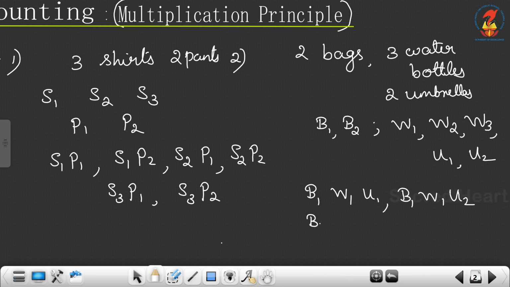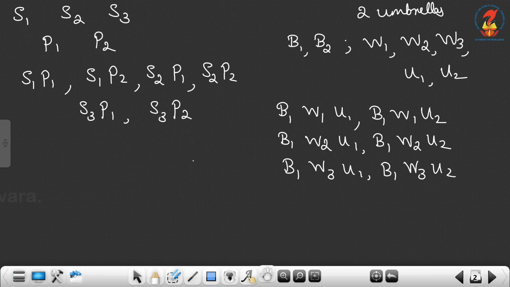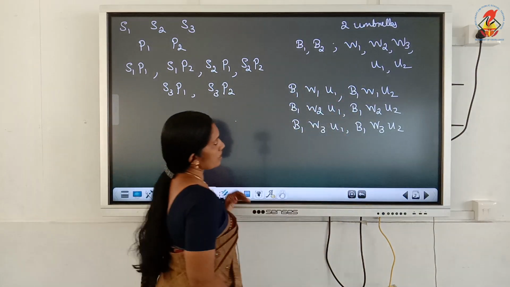Then B1 with W2: W2 U1, then B1 W2 U2, then B1 W3 U1 and B1 W3 U2. So here the first one is B1 in all the 6 cases.